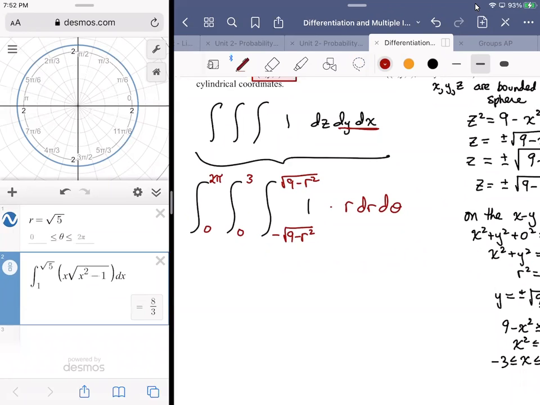When we integrate, I forgot my dz. Apologies. Can't just get rid of the dz.